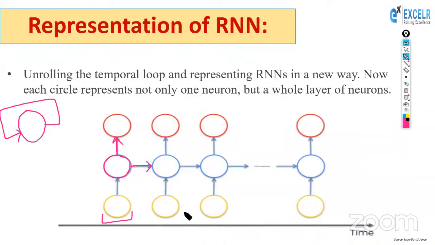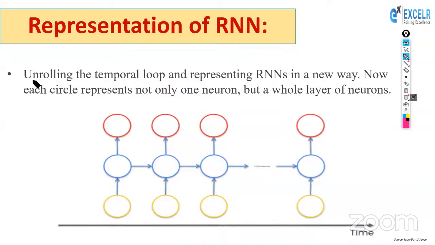In the next layer, what will happen? This particular hidden layer will consider the current input as well as the past information coming from the previous layer. In that way, it will consider the current information as well as the past information, so that it can give you a better prediction. So this is the architecture we have for RNN.